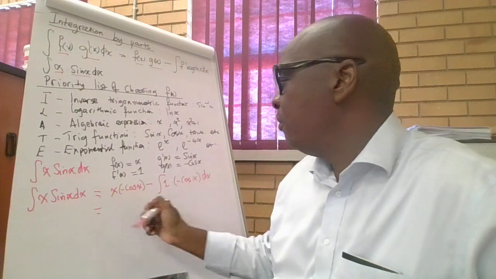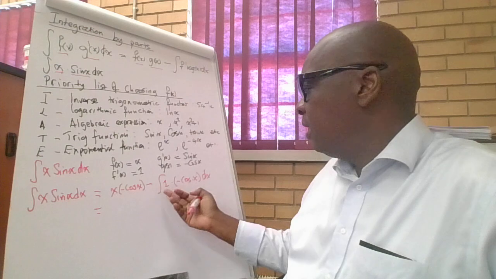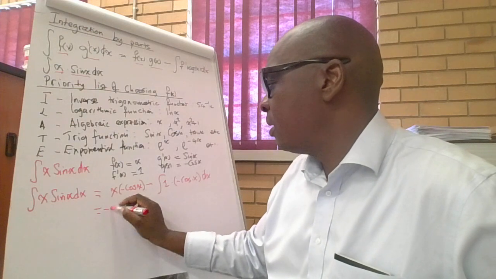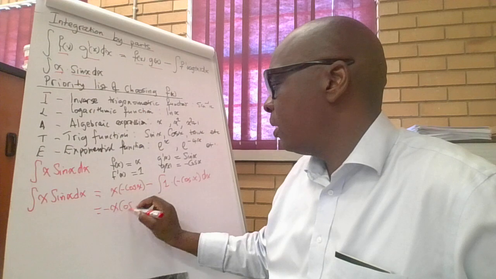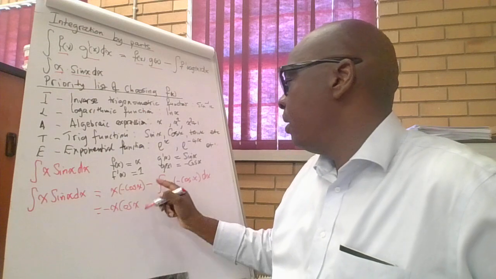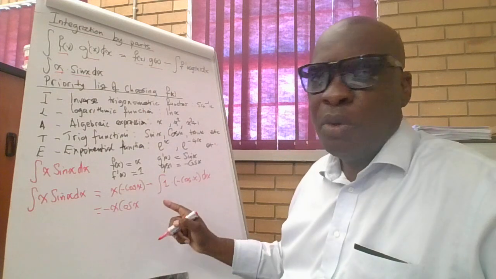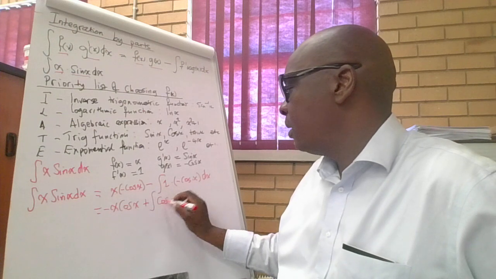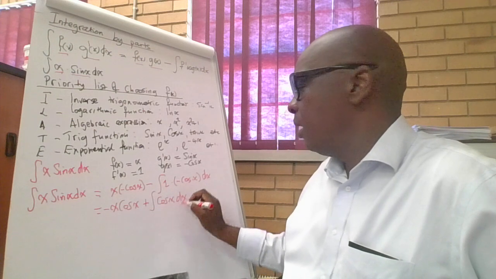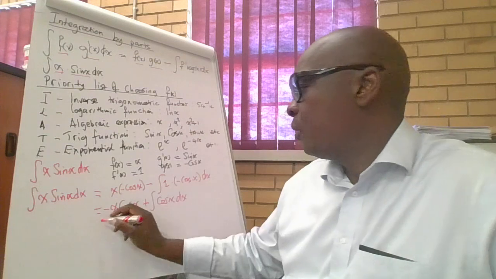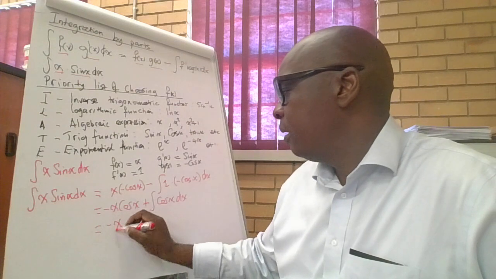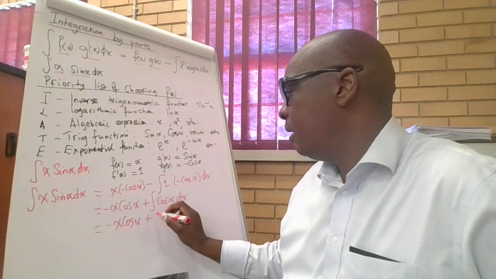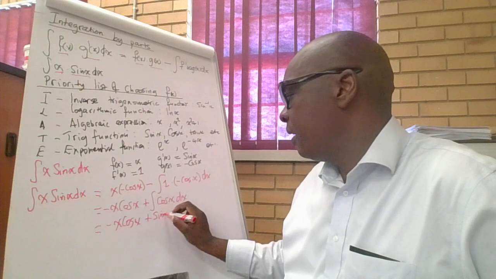So now what's left is just to simplify this and integrate this portion. I can express this neatly as minus x cos x. Negative and negative gives me a positive, so that will be plus the integral of cos x dx. Now if I integrate cos x, I get positive sine x.